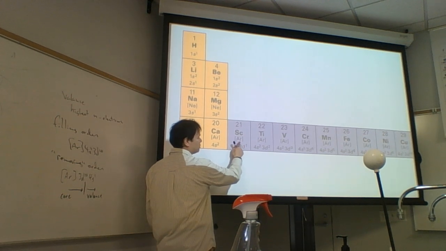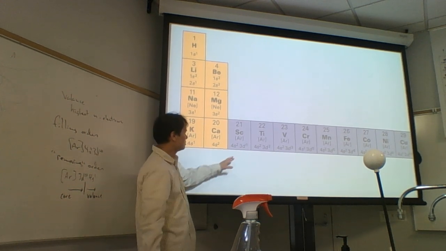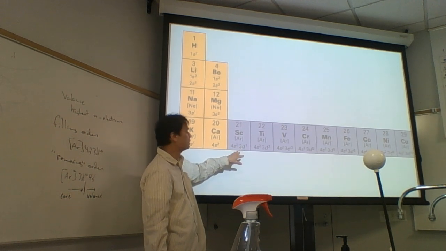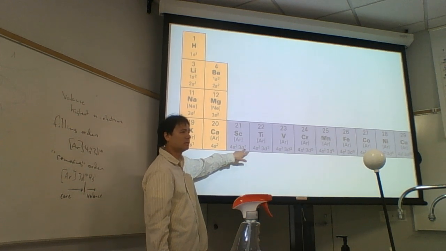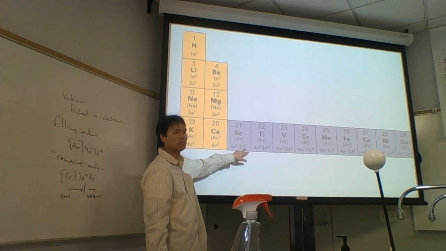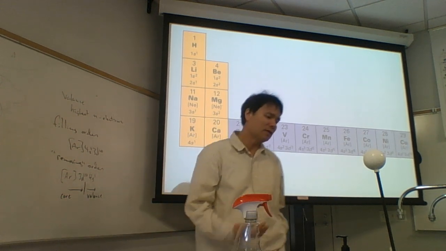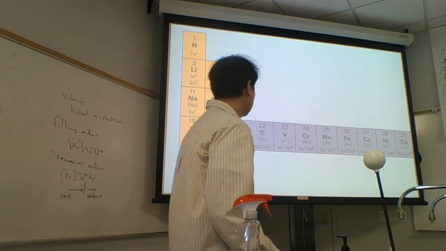This core is a filled shell. This core is a partially filled subshell. And so if you're an oxidizer, there's potential for attacking this core after you've gotten rid of the valence. So +2 is common, and if it takes one of these, it'll be +3. And this d1 is easy to take, so scandium is always +3. Scandium's fixed charge is +3.